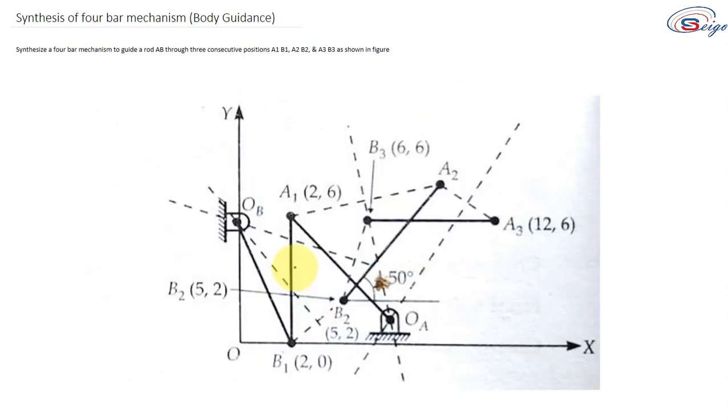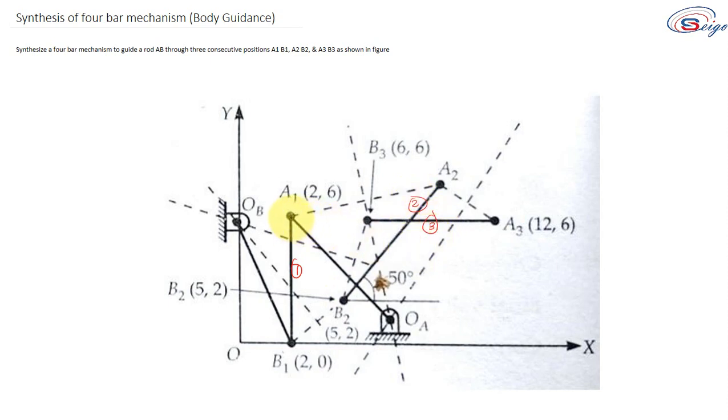I will explain the problem once again. First of all, mark the points A1, B1, A2, B2, A3 and B3. Then join the rod, that is A1, B1. This is your first line. Then A2, B2, your second line, then the third one.